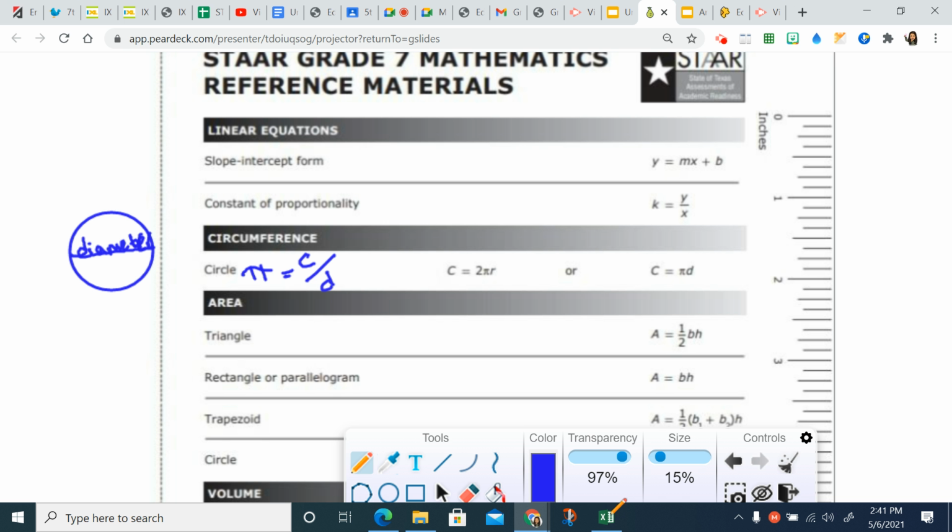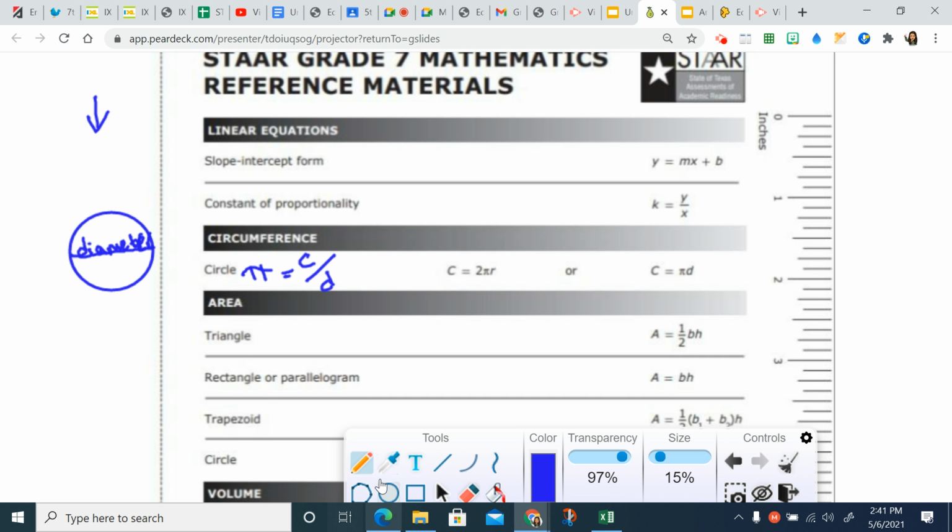So write that down. On your reference sheet, I want you to write: pi is equal to circumference divided by diameter. That gives us our 3.14. Anytime they give you circumference and diameter and want to know how to find pi, it's circumference divided by diameter.